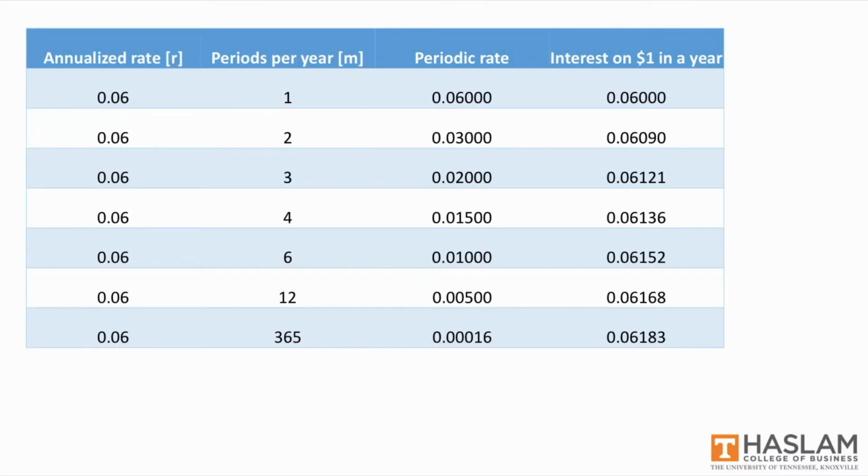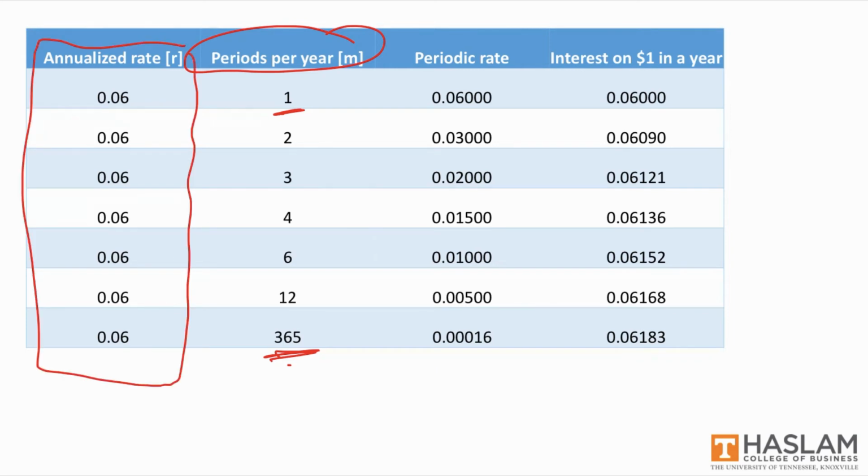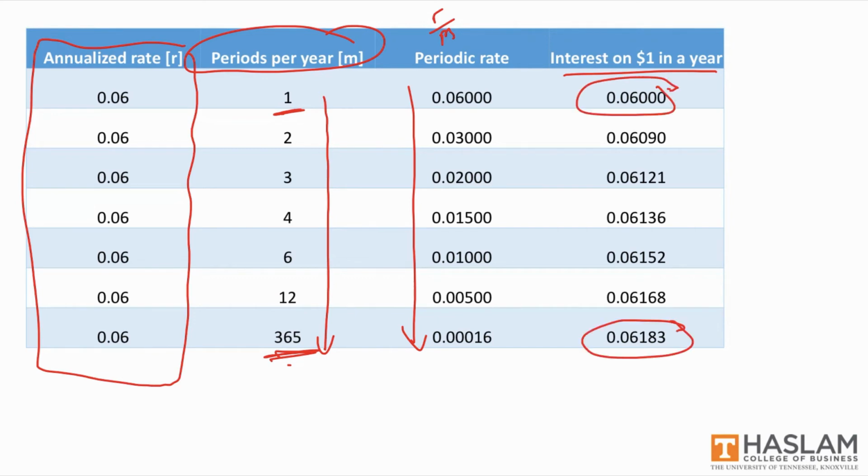This chart shows a range of compounding periods from annual to daily, where there's 365 compounding periods a year, and holding the annualized rate constant, we can see that as we go from a low number of compounding periods to a high number of compounding periods, the periodic rate, which is just the annual rate divided by M, of course, declines, and then the interest earned on $1 per year goes from 6 cents up to 6.183 cents.